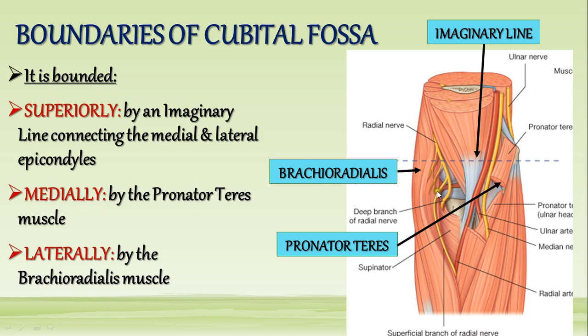So, the triangular cubital fossa is bounded superiorly by an imaginary line passing between the medial and the lateral epicondyles of the humerus. Medially, it is bounded by pronator teres and laterally it is bounded by brachioradialis.